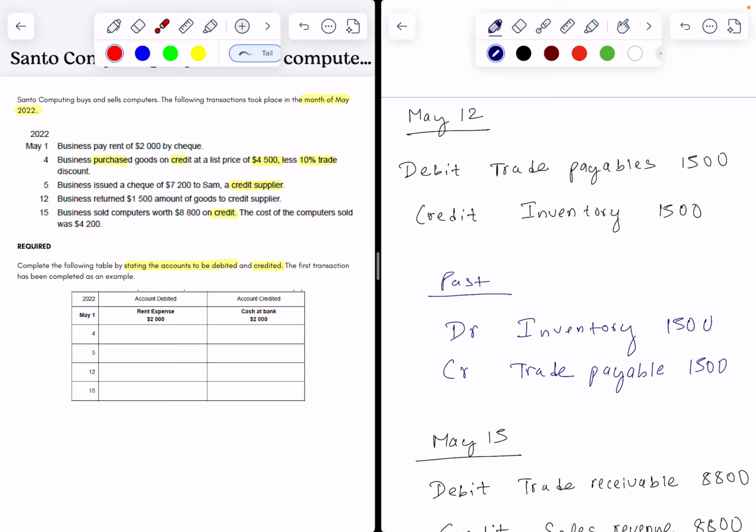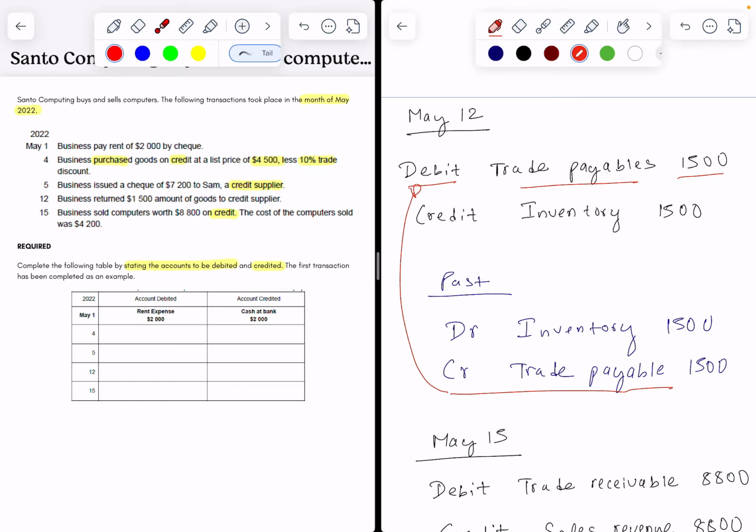Today, on the 12th of May, the business is returning $1,500 worth of inventory. So what does that mean? That means the liability will now decrease by $1,500, which we originally had in our books. So now when it's decreasing, we would debit the trade payable account by $1,500, which is reflecting the reduction.